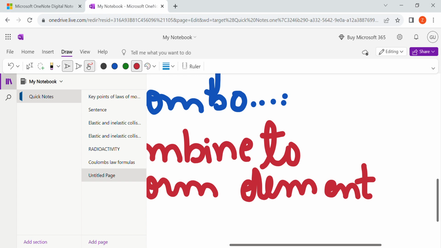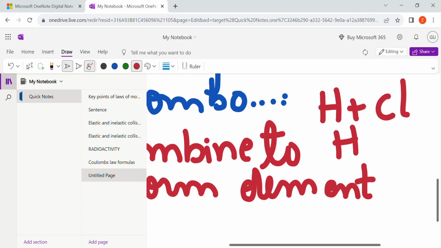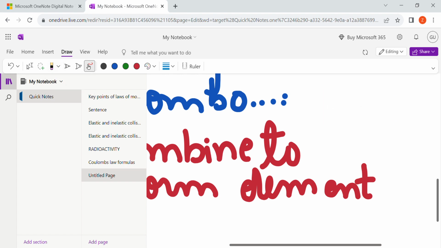If we talk about a compound, for example this is H, and that will form HCl, and here two different elements are combining to form a compound. But when it comes to any element, two same atoms combine to form it.